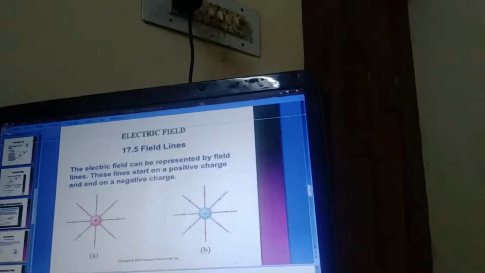So how can you define electric lines of force or electric field lines? Electric field lines are the paths through which a unit positive charge can travel when it is placed in an electric field. Are you getting?